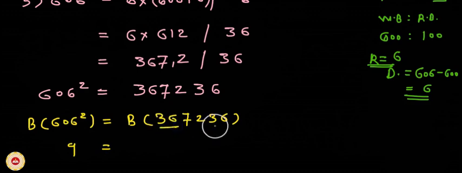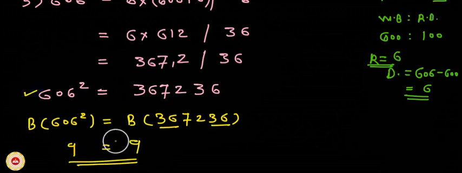On the right side, exclude 3 and 6 because the sum of these 2 digits is 9. 7 plus 2 is 9. Left hand side is 9 and right hand side is 9. Tally it. We are correct. Our answer is correct. Next example.